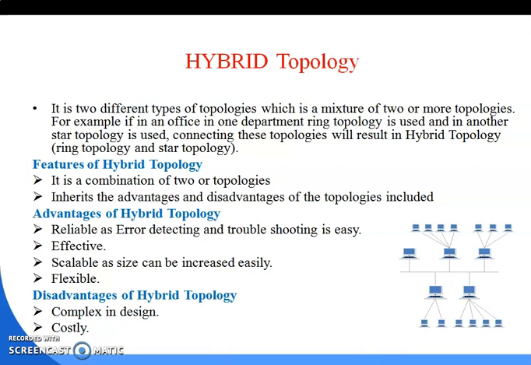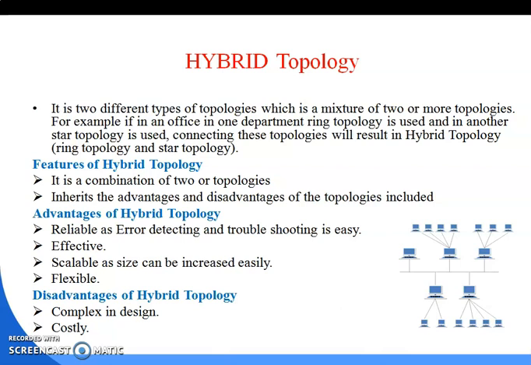Next, what are the features of hybrid topology? It is a combination of two or more topologies, and it inherits the advantages and disadvantages of the topologies included. This is the major advantage. What do you mean by inheriting? Inheriting means it acquires the properties of the other topology.